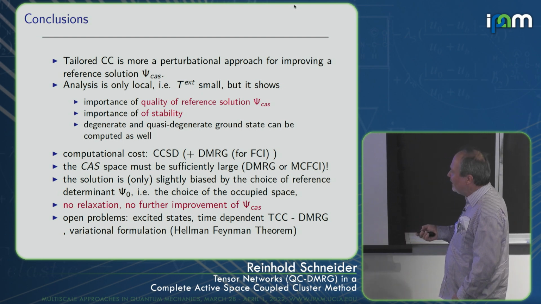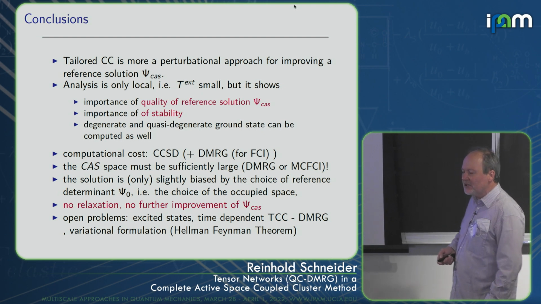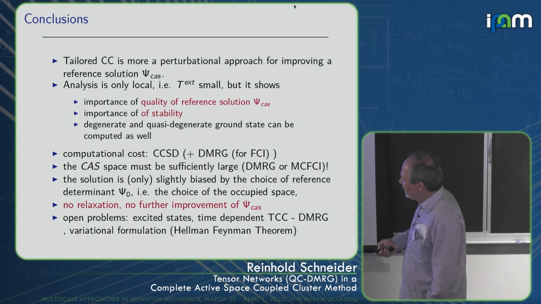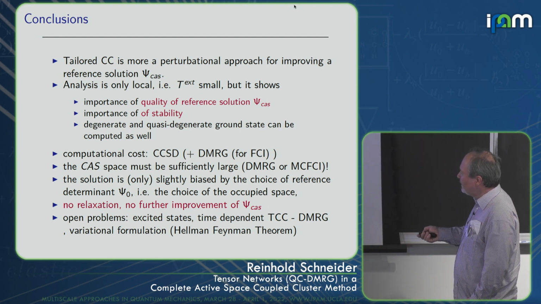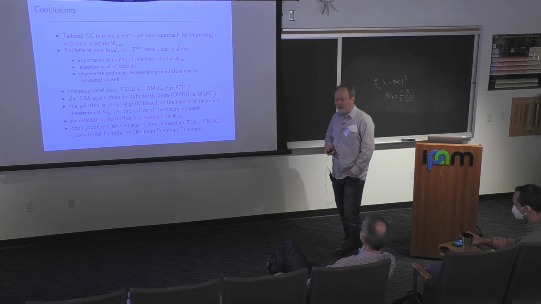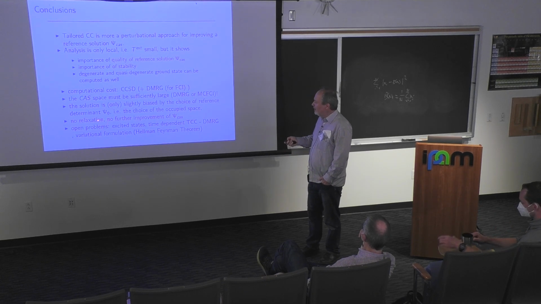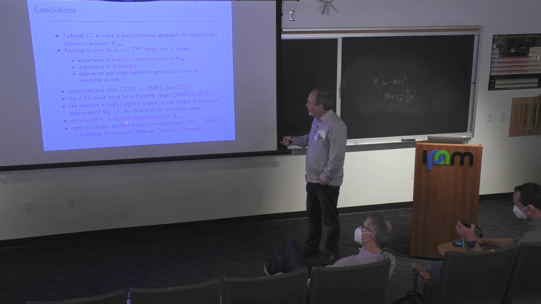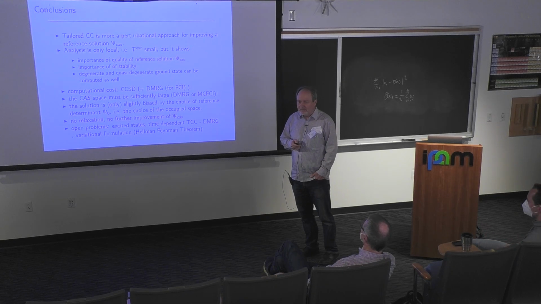And it is not clear how to really have variational formulations, how to compute expectation values, how to formulate excited states, how to formulate time-dependent problems, and so on. So when we have observed that the interaction from CAS to coupled cluster is fairly simple, but we do not know how to go back.